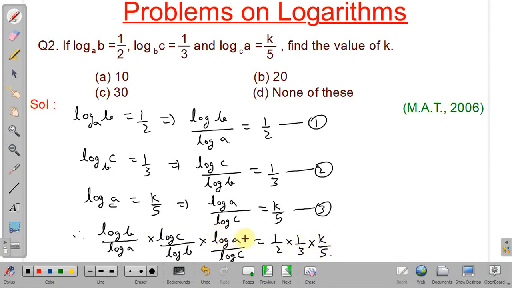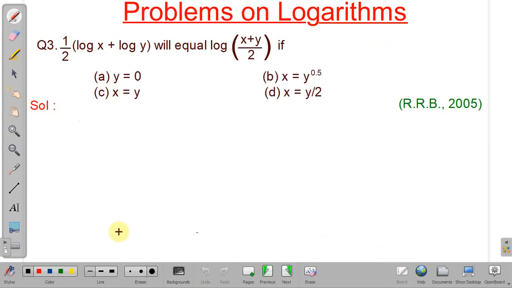Now if you see LHS, log c and log c will get cancelled out. Similarly, log b and log b will get cancelled out, and log a and log a will get cancelled out, and the product will be equal to 1. So this will be equal to 1, and from this we will get k equal to 2 into 3 into 5, that is 30. So our answer will be option number C. We will discuss next problem.